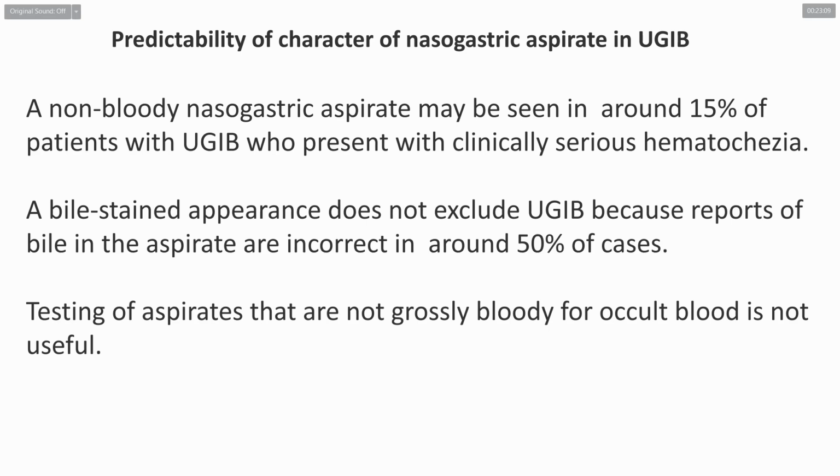Don't rely on insertion of a nasogastric tube and what you see via aspirating it in making your judgment of what type of upper GI bleeding you're dealing with, or in saying this patient has upper GI bleeding or does not have upper GI bleeding. Trust the patient, trust your history skills, trust your examination, trust your vital signs, trust your raised BUN, but don't trust a nasogastric tube. Okay?